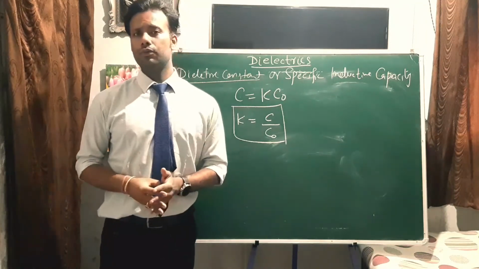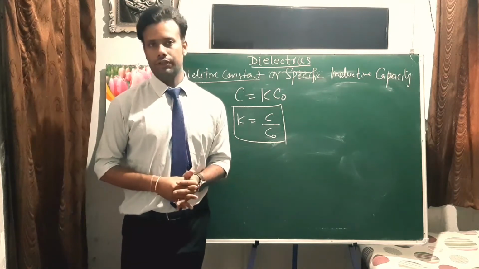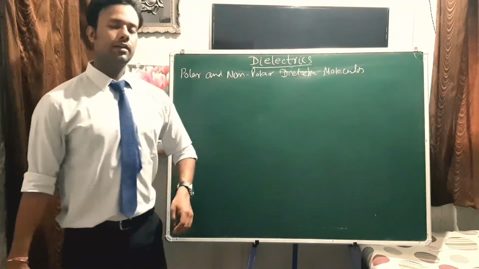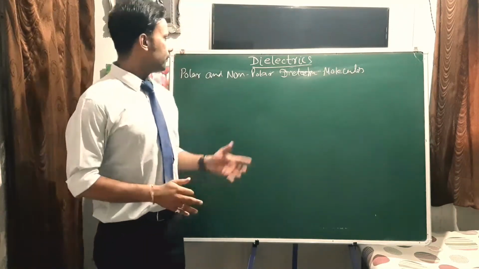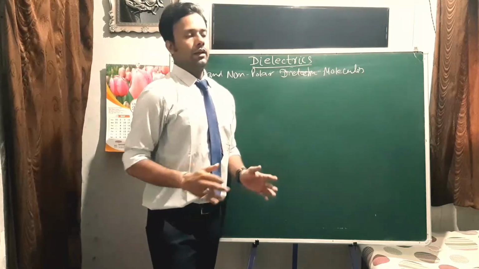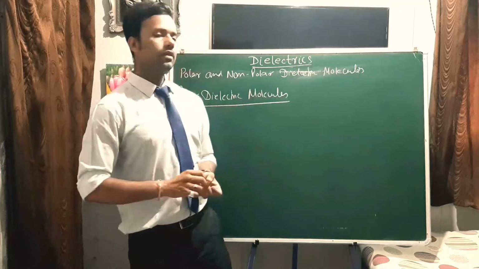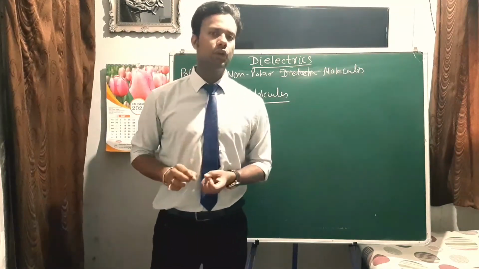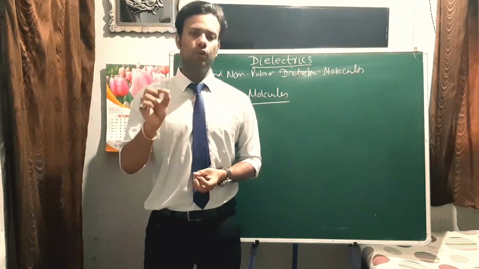Now let's talk about polar and non-polar dielectrics. See, dielectric materials or their molecules can be divided into two categories: polar and non-polar dielectric molecules. Let's talk about the polar molecules first. A polar dielectric molecule is one which has a finite electrical dipole moment.